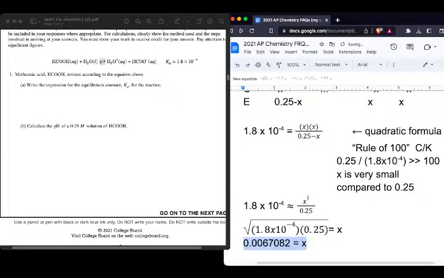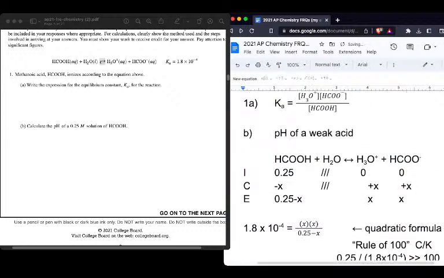Now compare that to 0.25. It's very small. In fact, if I divide that by 0.25, it's like 3% of 0.25. So 0.25 minus that number is basically approximately 0.25. That assumption worked out in our favor.